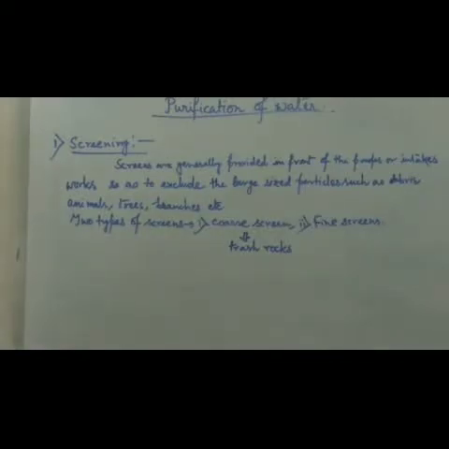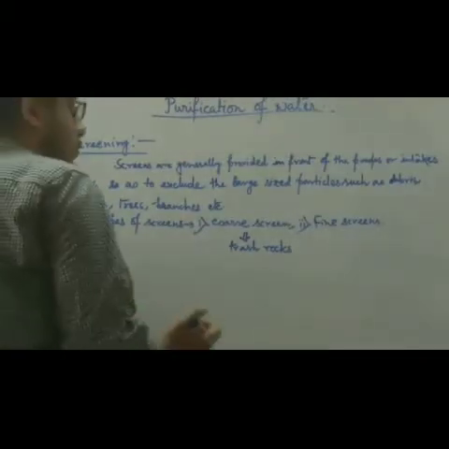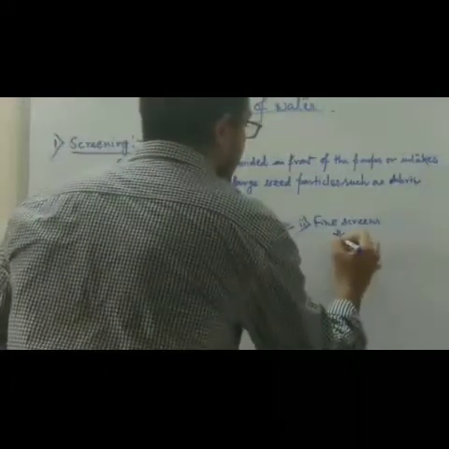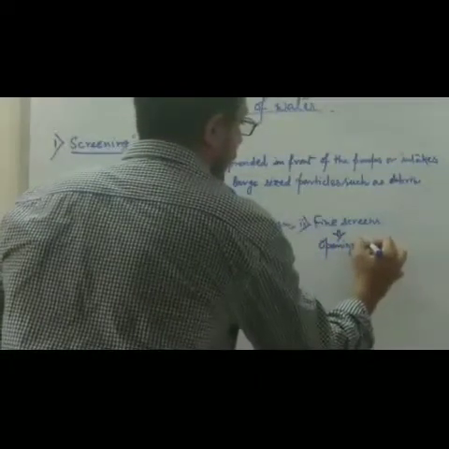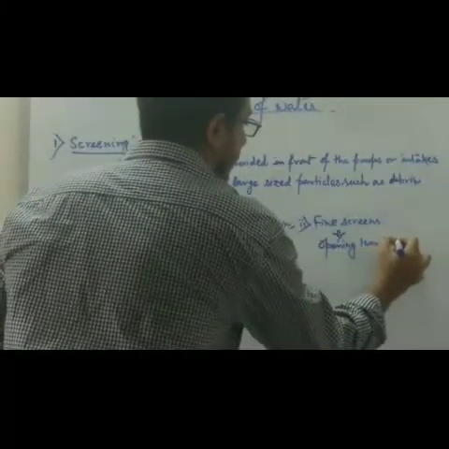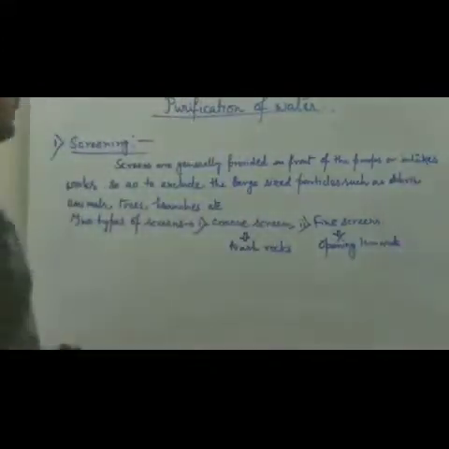Now these fine screens are made of fine wire or perforated metal with openings less than 1 centimeter wide. So the opening of the fine screens is less than 1 centimeter. This is important about the screening.